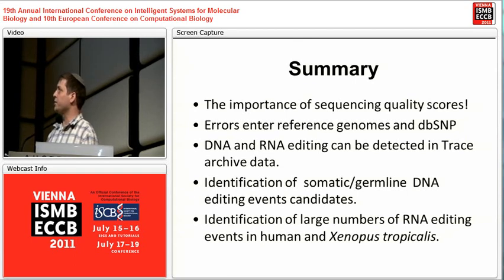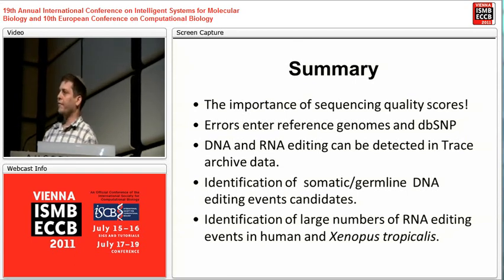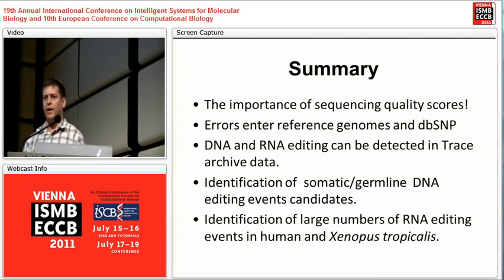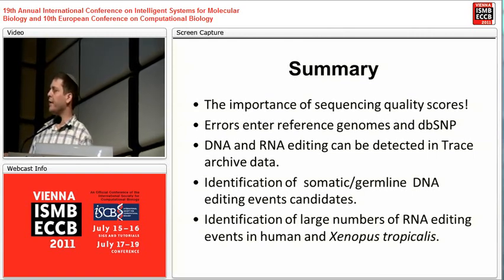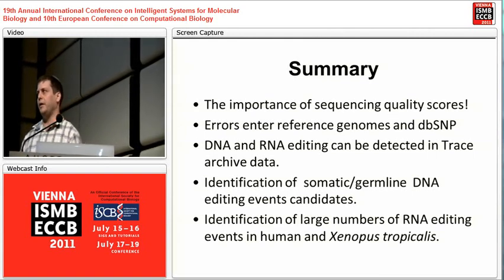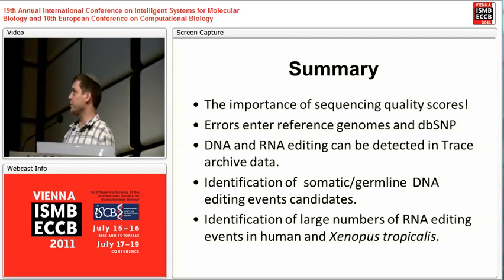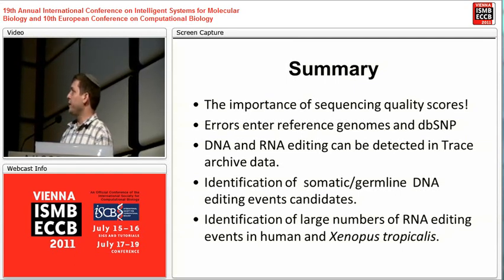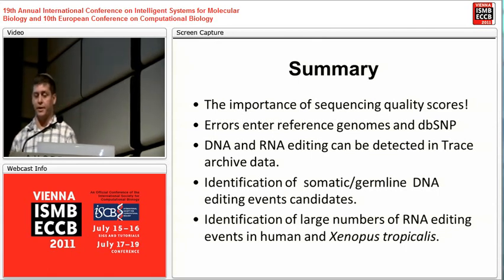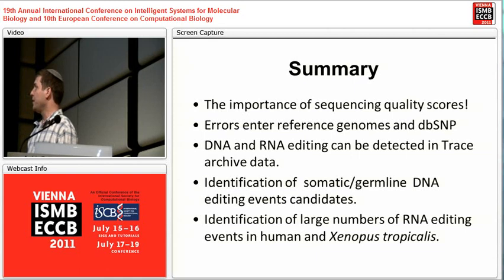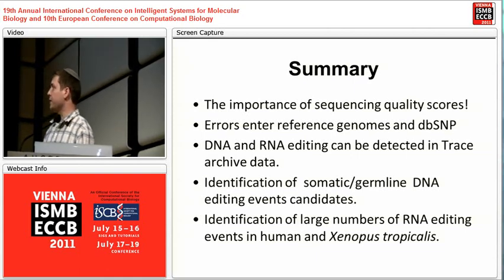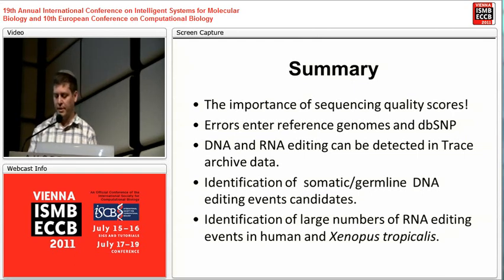Recently, and I didn't show it here, we developed several more methods to find DNA editing events and found a large number of such events in retrotransposons. We introduced in this approach several candidates for somatic/germline DNA editing events, and we found a large number of RNA editing events in human and specifically in Xenopus.